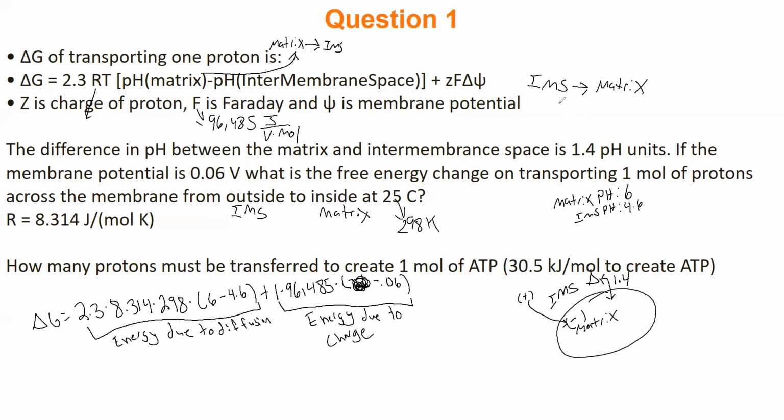It's actually the pH of the inner membrane space minus the pH of the matrix. And so my numbers should be reversed. It should be 4.6 minus 6, or a negative 1.4.